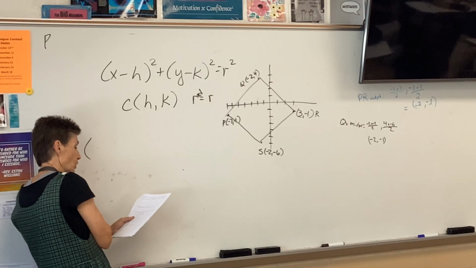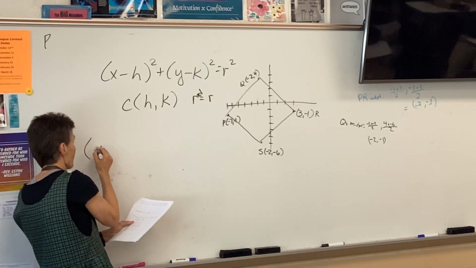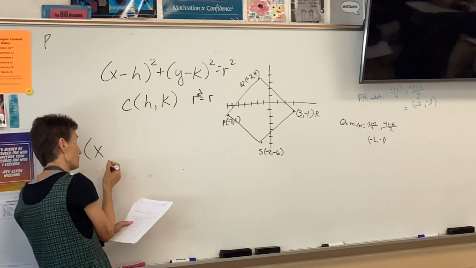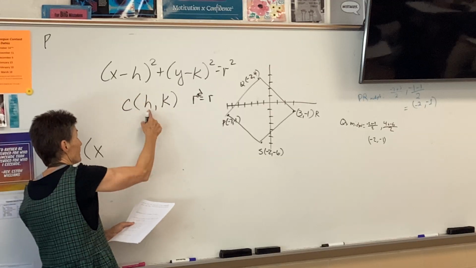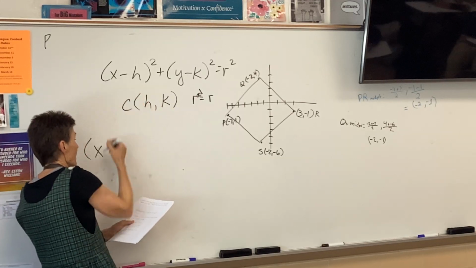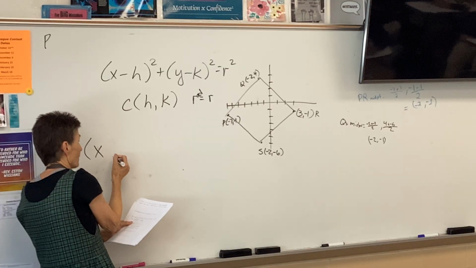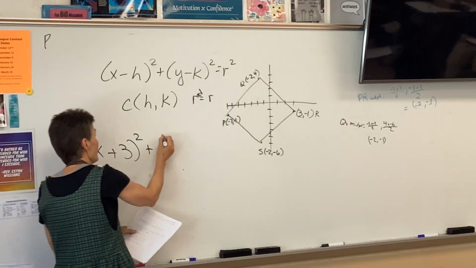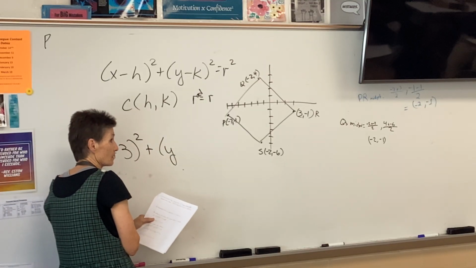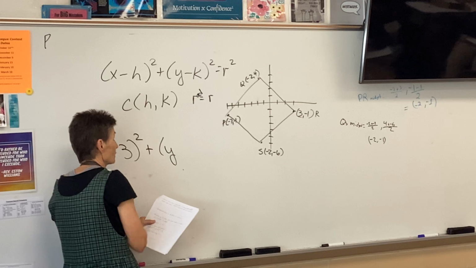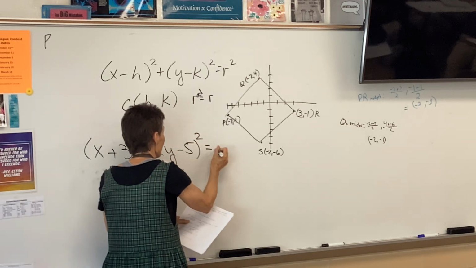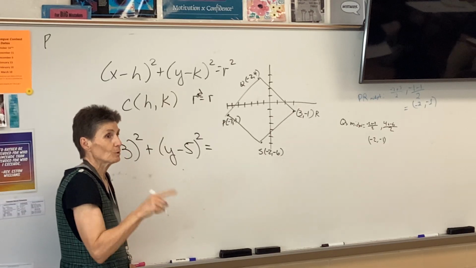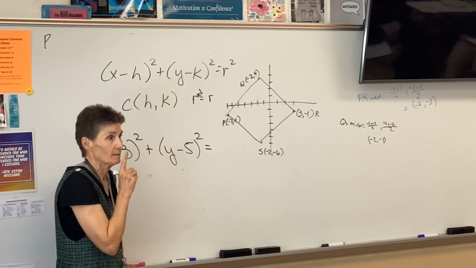What's that equation going to look like? x... the center is -3, so what is that going to look like? (x + 3)², don't forget the square, and then (y − 5)² equals (2√6)², which is what?